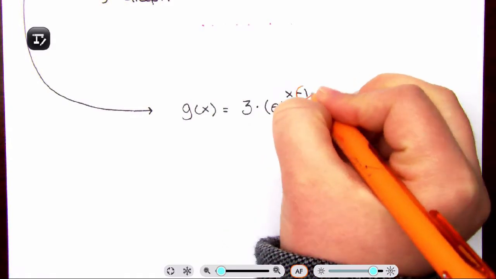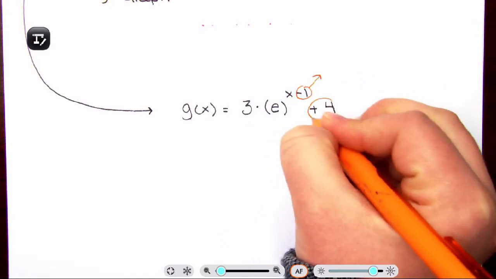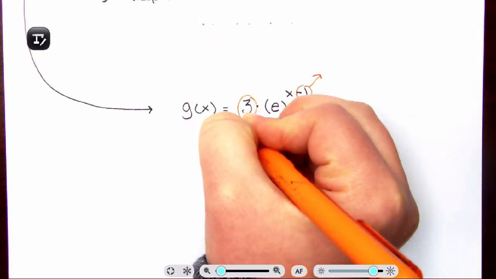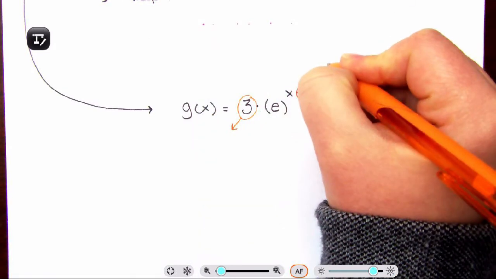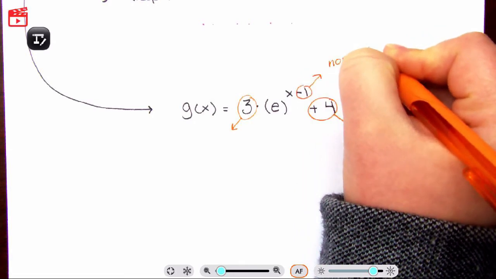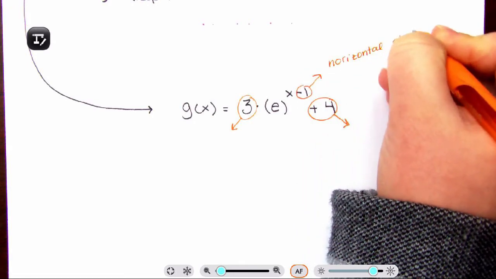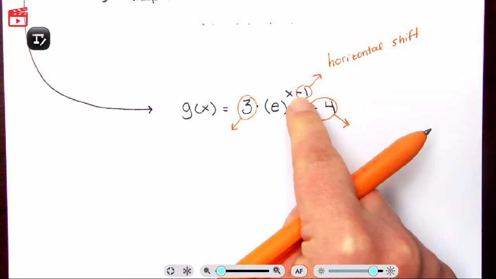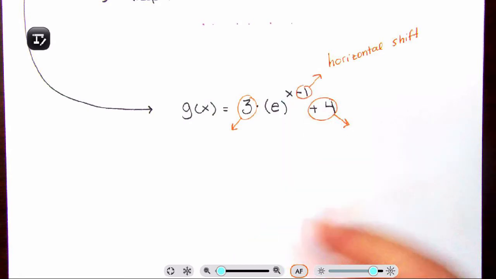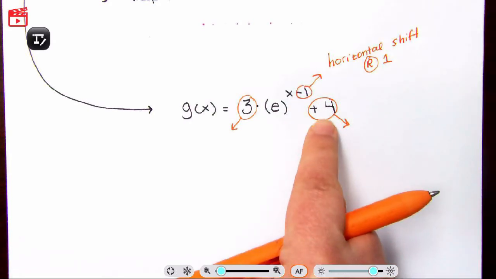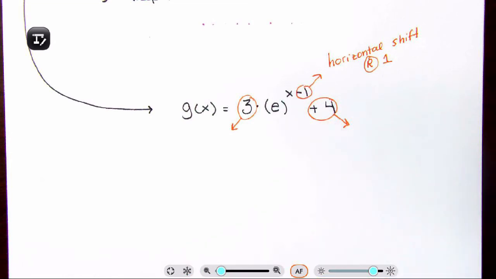Notice that you have a minus 1 here as your h, you have a k here, and you have a 3 here. So what that means is this right here is your horizontal shift, and you're shifting to the opposite. So if this is a minus 1, you're actually shifting to the right 1 jump. This k value is your asymptote as well as your vertical shift.